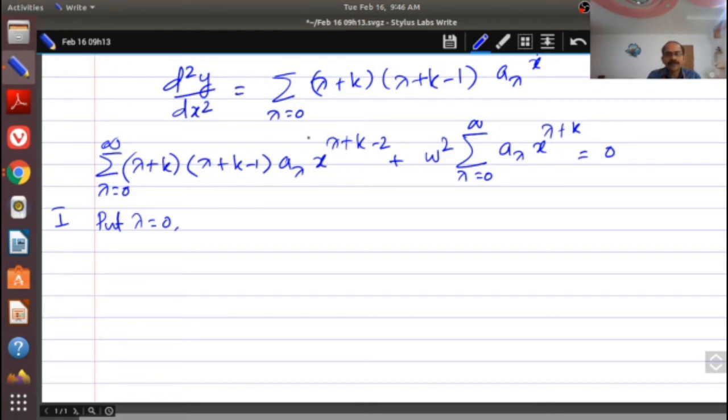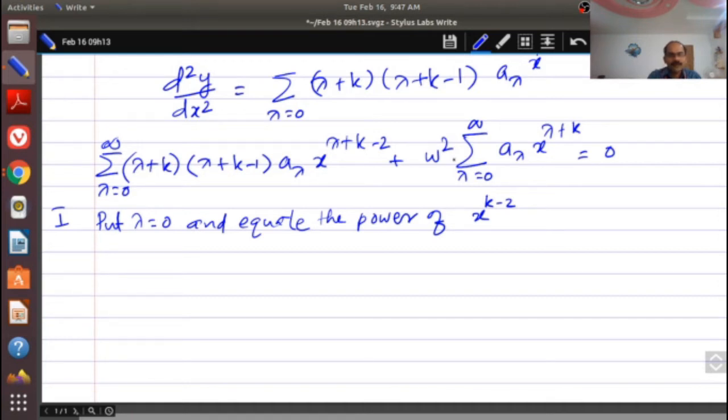Here it is lambda plus k, and here it is lambda plus k minus 2, so this is the lower one, and when you put lambda equal to 0, it will be x raised to k minus 2. So put lambda equal to 0 and equate the power of x raised to k minus 2. X raised to k minus 2 is the lowest power in the term once you put lambda equal to 0.